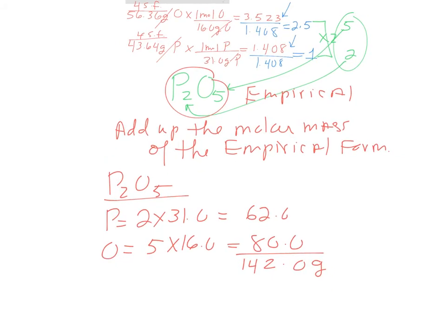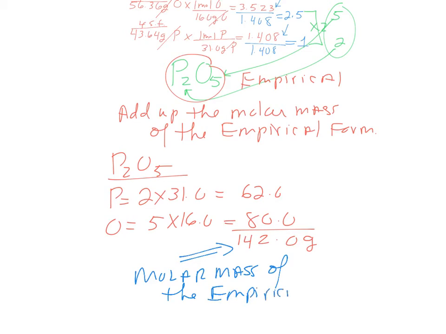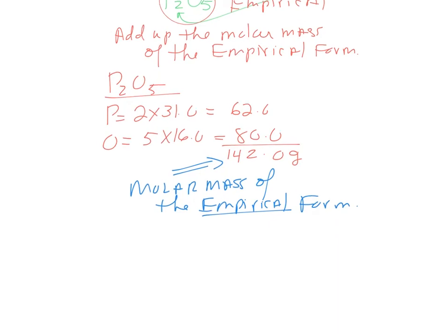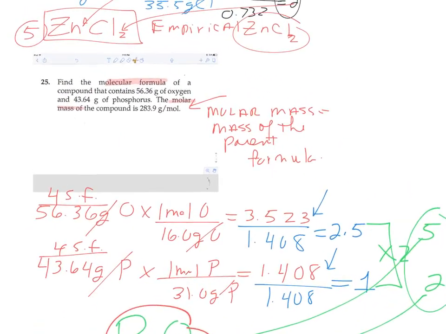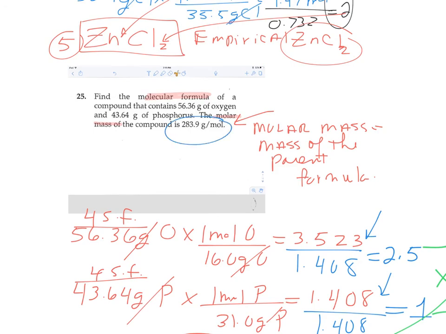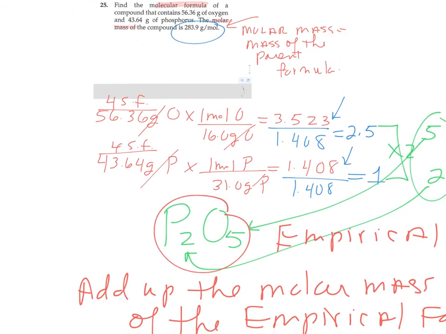This is the mass, okay? It's important to realize what this is. This is the molar mass of the empirical formula. Okay, our next step is to look at the problem and to realize that they gave us 283.9 grams per mole as the molar mass of the parent.